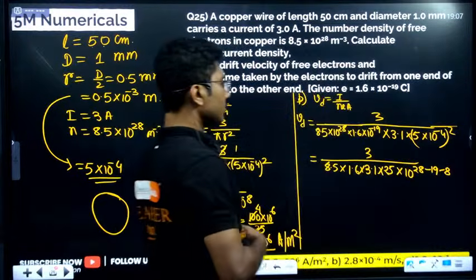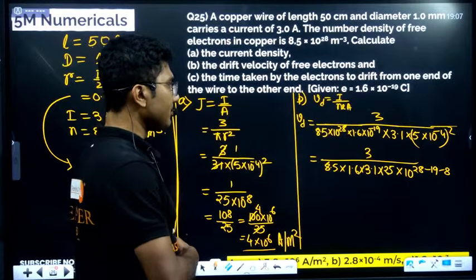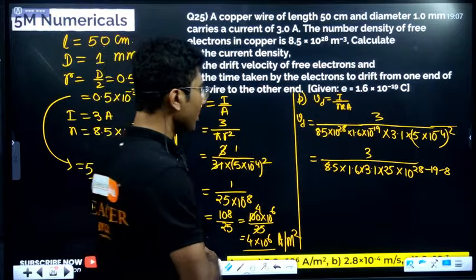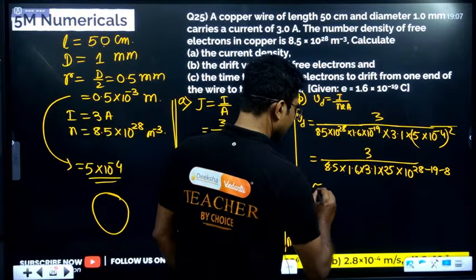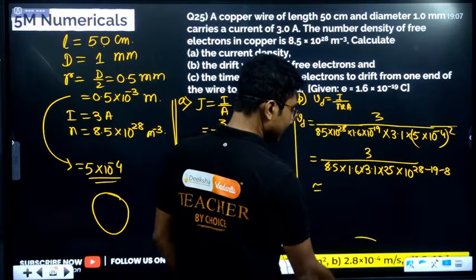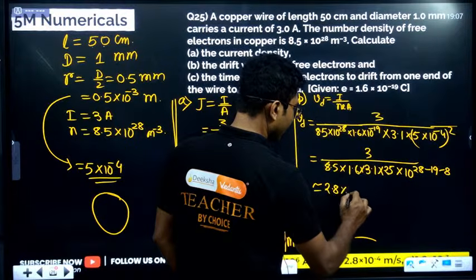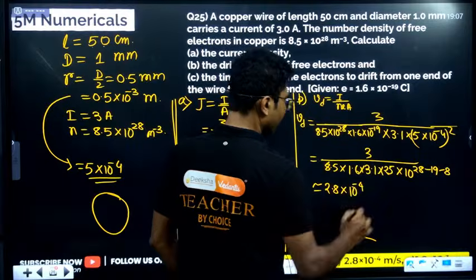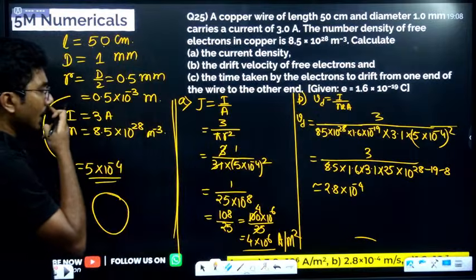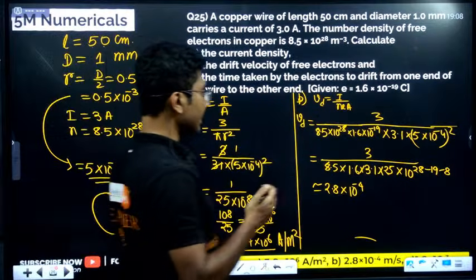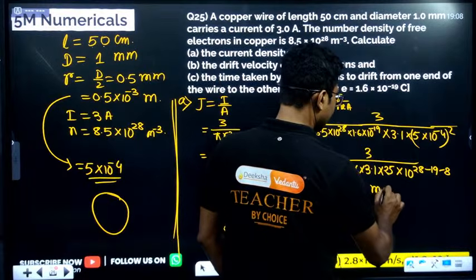Okay, so this will be the value, and obviously you can see this value is very small. It will come out to be approximately 2.8 into 10 to the power of minus 4. Okay, so this will be the drift velocity, and the unit of drift velocity is meter per second.